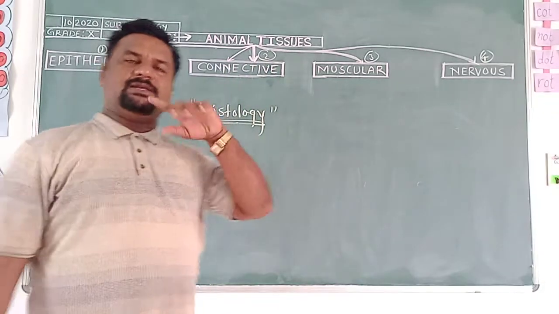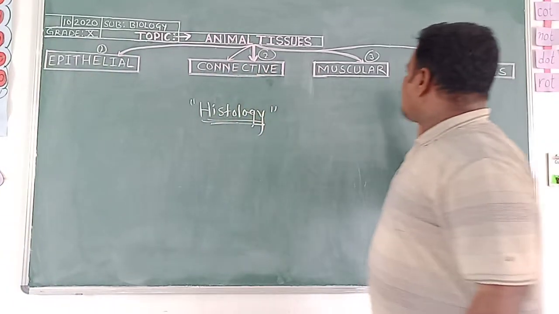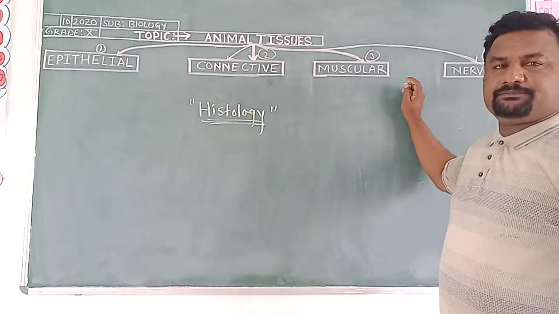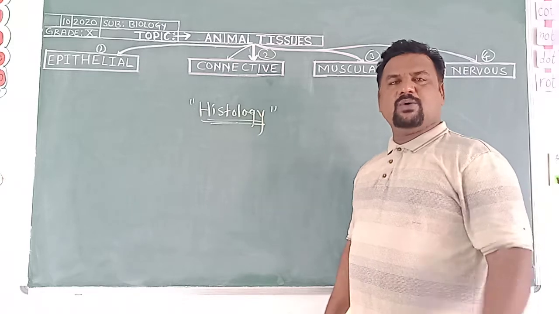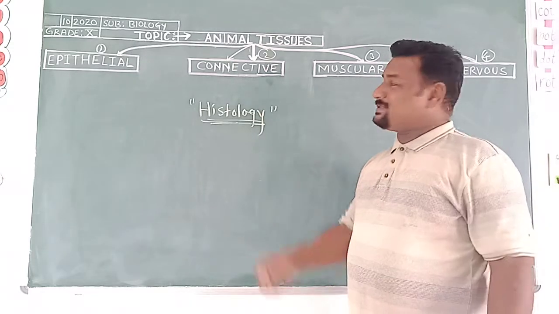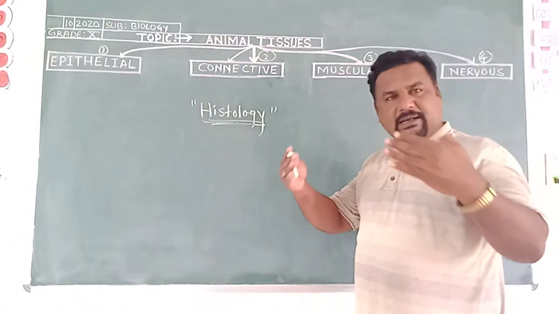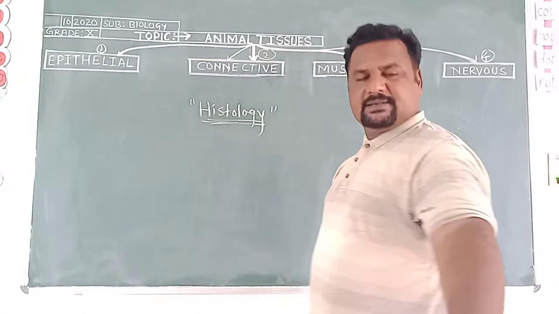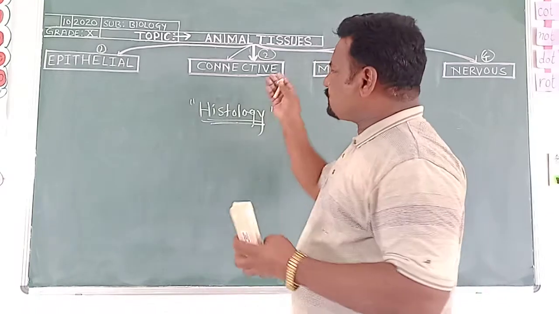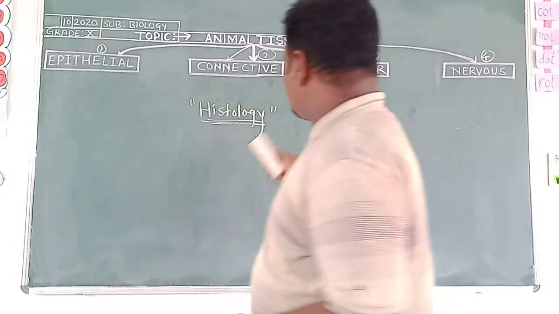But how are these tissues formed, how are they derived? These tissues are derived from different layers of the embryo. You know, embryonic layers. Different layers of the embryo help to form these tissues.